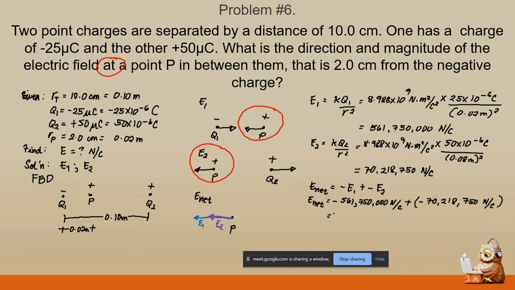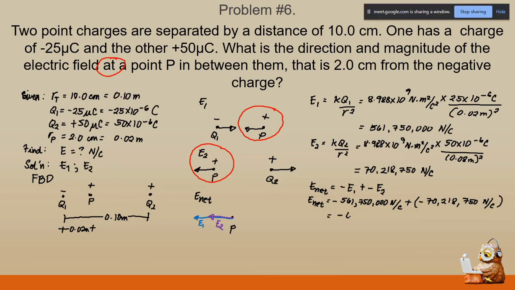So our E sub net now equals negative 631,968,750 newtons per coulomb.